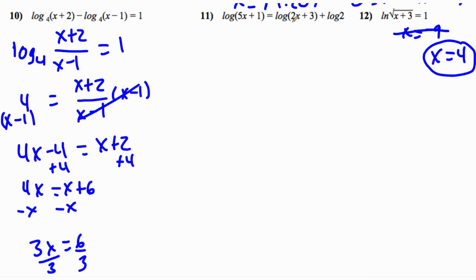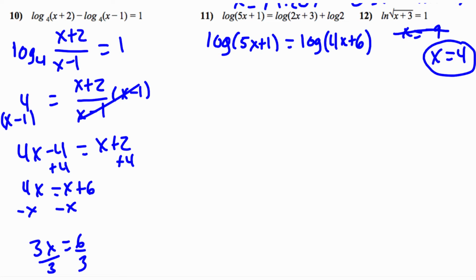On 11, the right-hand side has two logarithms, so we're going to work on condensing that down. Left-hand side isn't going to change at all, log of 5x plus 1. Right-hand side, since this is addition, we're going to turn into multiplication. So this is log of, I'm going to distribute that 2 right away. So 2 times 2x is 4x, and 2 times 3 is plus 6.